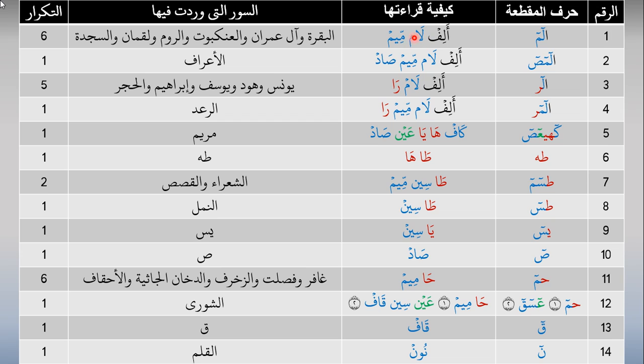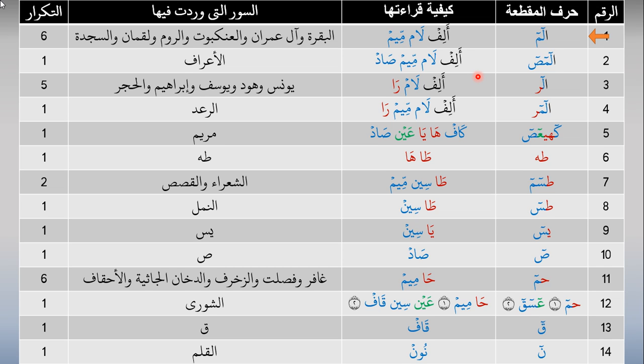Lam, mim. So again, how do we recite this ayah? Alif, lam, mim. This one is repeated 6 times in the Quran in Surah Al-Baqarah, Ali Imran, Al-Ankabut, Ar-Rum, Luqman, and Surah Al-Sajdah.